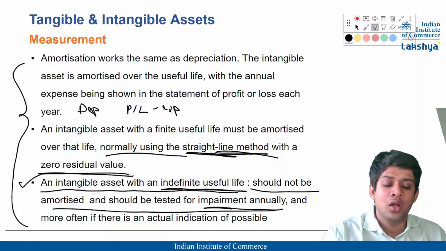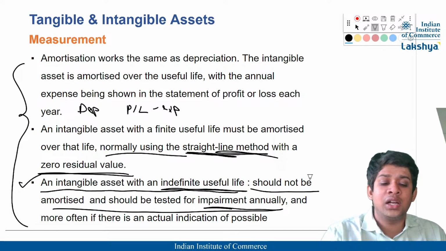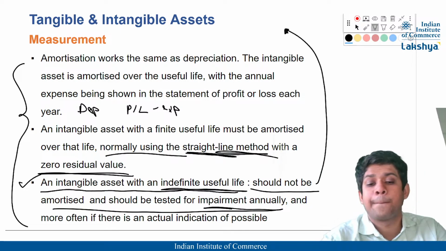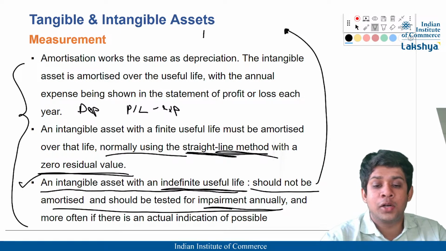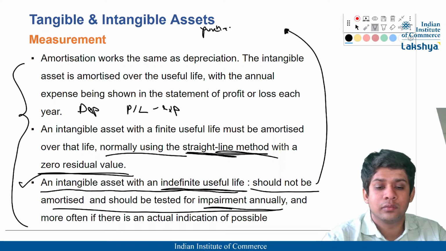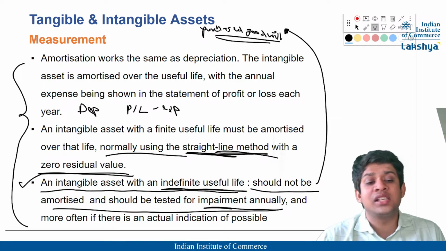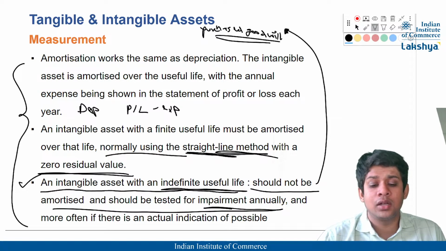An intangible asset with an indefinite useful life should not be amortized and should be tested for impairment annually. So, for an intangible asset with an indefinite useful life, like your purchased goodwill, that purchased goodwill cannot be sold separately and cannot be completely eliminated unless there is any impairment.